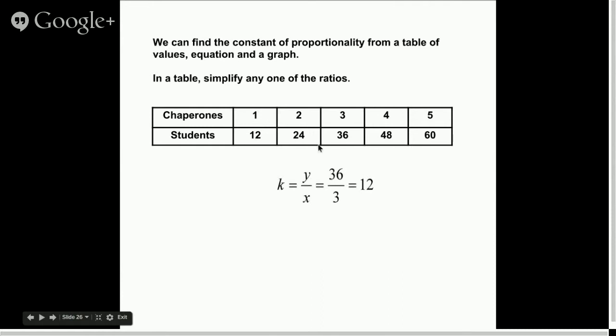So y is 36 here. The x is 3. Okay, so y divided by x is 12. So you could find the y value: y equals 12 times x. So if x was 10, then y would be 12 times 10, 120.